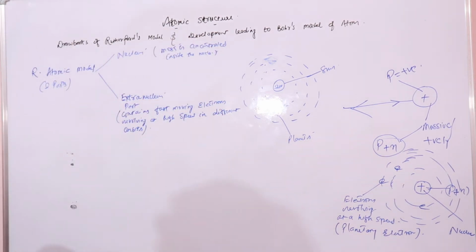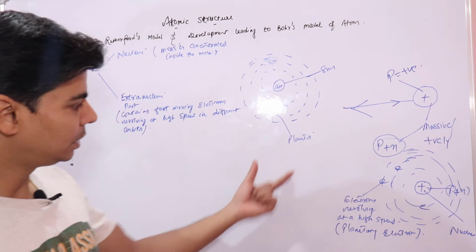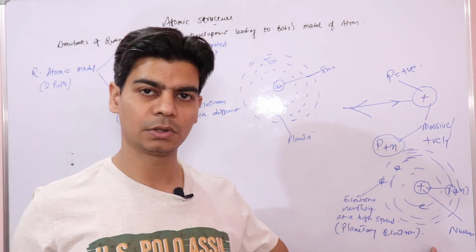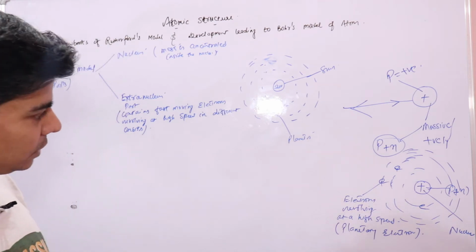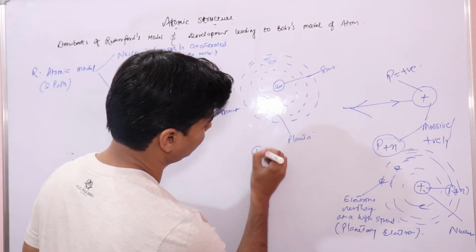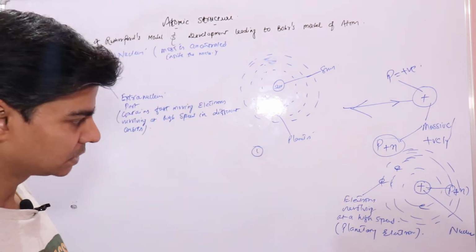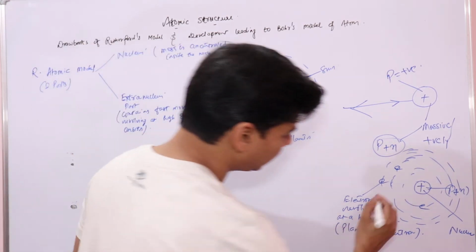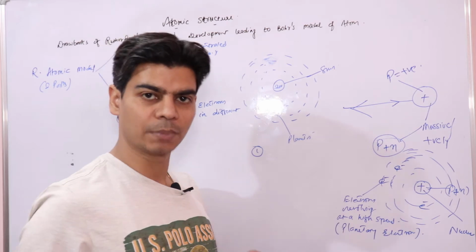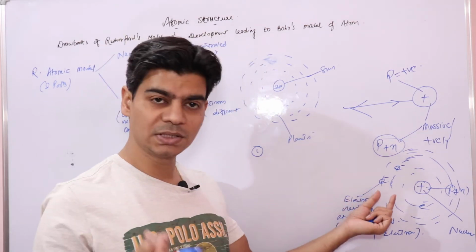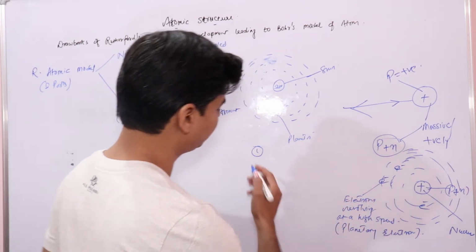But if you look deeper into the comparison of Rutherford atomic model with the solar system, we'll notice some points of difference. Here the electrons that are revolving around the nucleus are negatively charged particles, right? And these are very small microscopic particles, right?